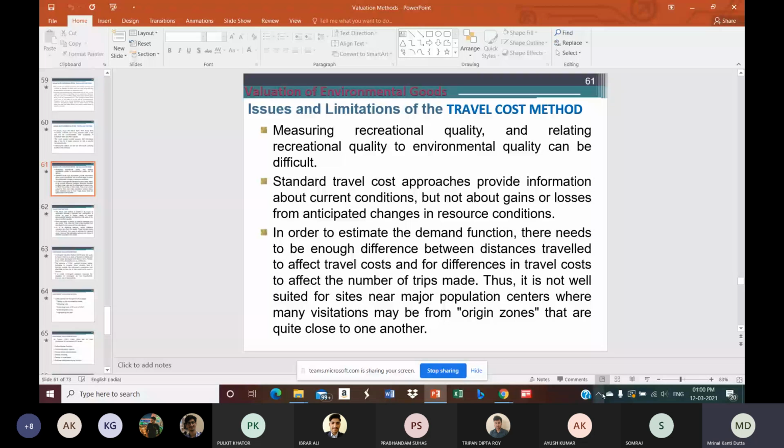But of course, let me also tell you that in some cases there might be market values as well as non-market values. For example, we are talking about a wetland. The wetland might have some market values, in the form of recreational activities. Boating might be there, right? Fishing might also be allowed out there.